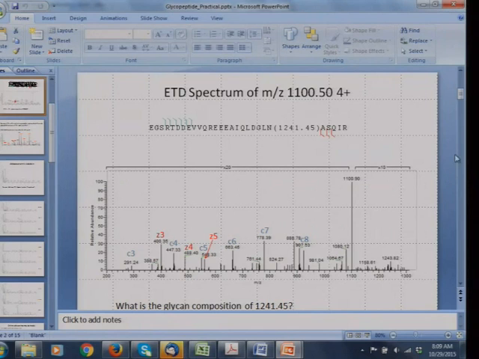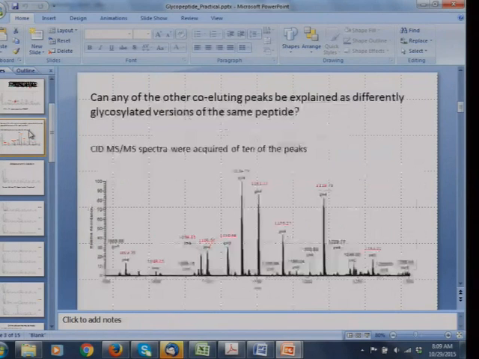And then for these other peaks, we've got m/z's and z's, so we can work out what the masses of these different peptides are. And based on the mass differences between the unmodified peptide and these peptides, we can work out what the sugar compositions are of these different peaks.